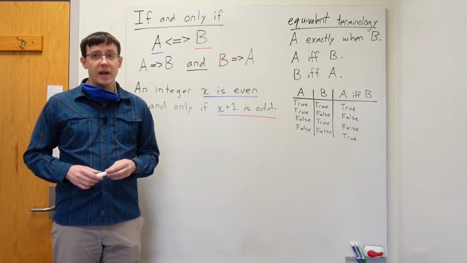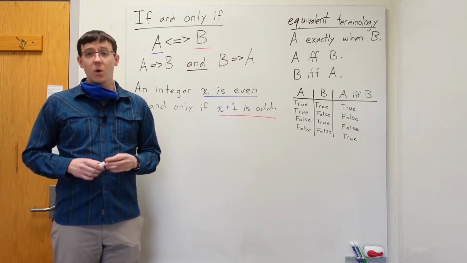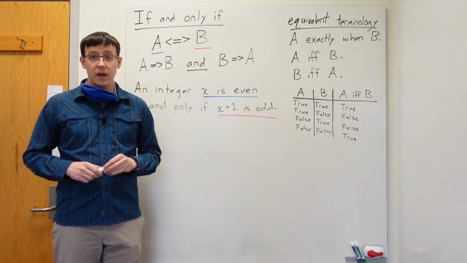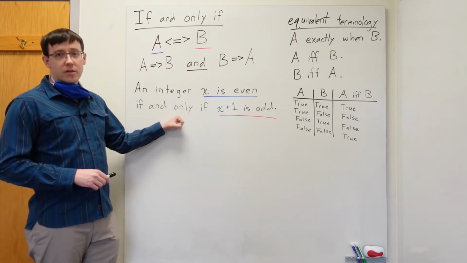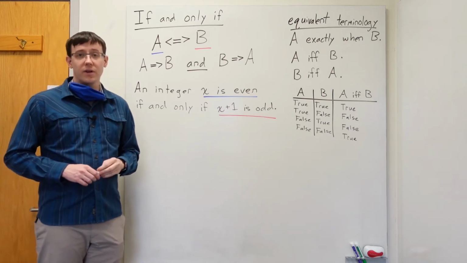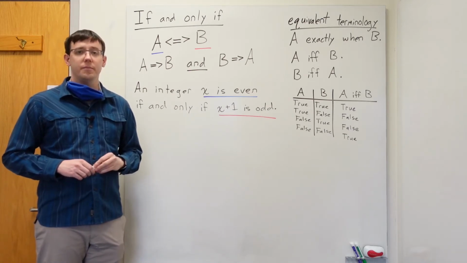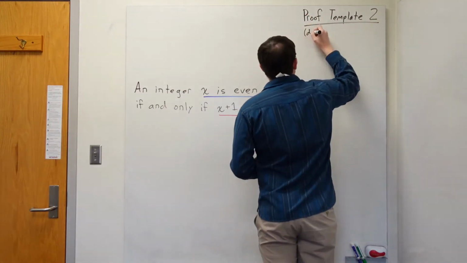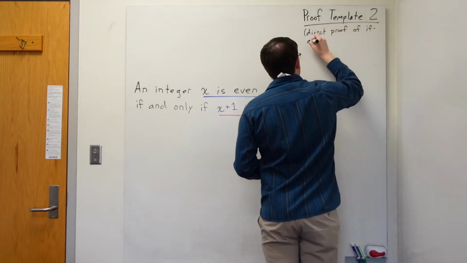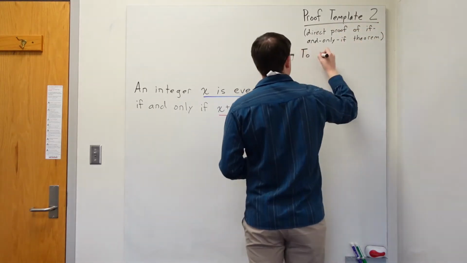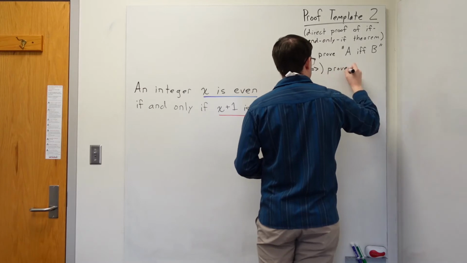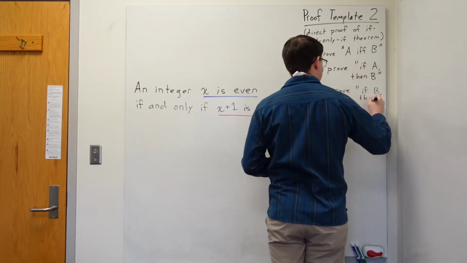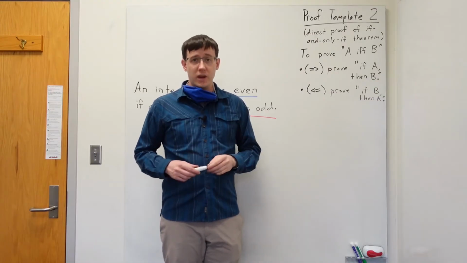So how do we prove an if and only if theorem? Well, we have our second proof template of the semester for that, and we will use this statement as an example that we can prove to show off the template. The template here is a straightforward one.